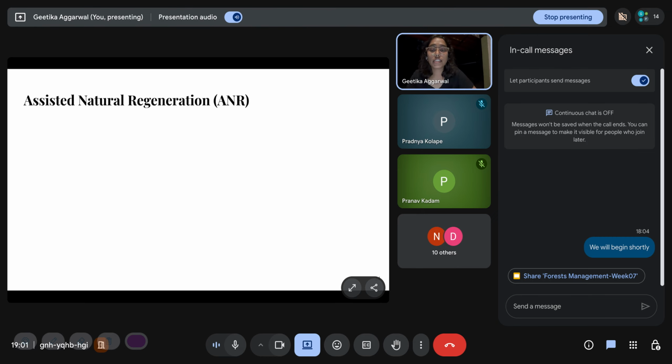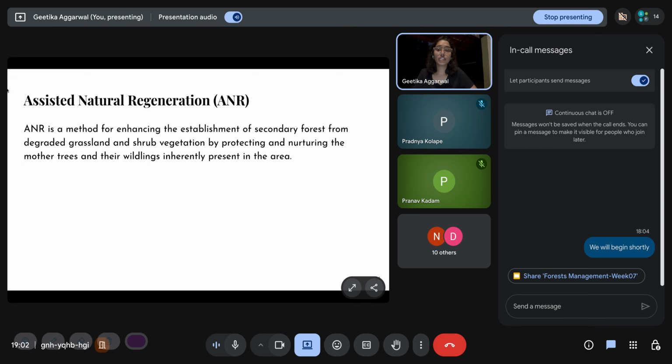Then there is something called assisted natural regeneration. As the term suggests, it's basically a method in which you are trying to enhance the establishment of secondary forest from degraded grasslands and shrub vegetation by protecting and nurturing the mother trees and their wildlings inherently present in the area. So natural vegetation is happening. You still have mother trees and you have their saplings.